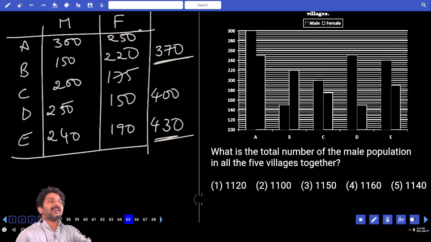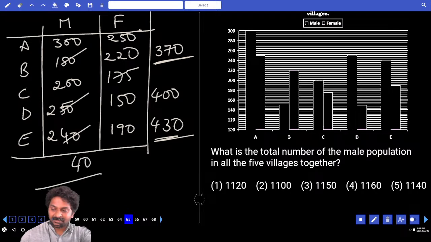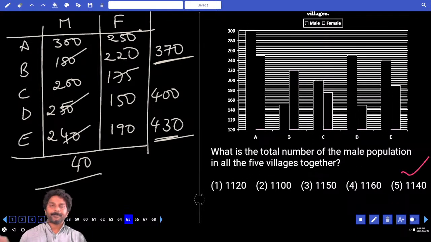When you see the options, the last 2 digits are enough to answer the question, right? Because all the options end with different 2 digits, correct? 50, 50. Zeros. Plus 40. The answer must end with that, fifth option, final answer. Done? Over?